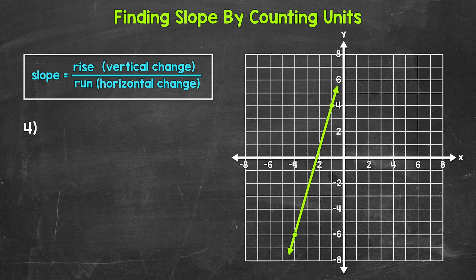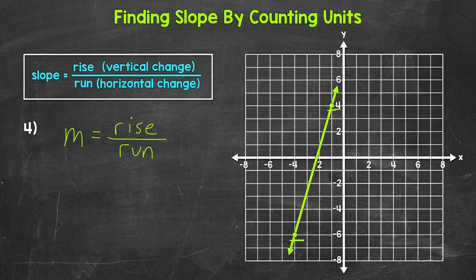Taking a look at number 4, we have a line with a positive slope. It's moving upward as it's moving from left to right. Let's find the slope. So slope equals rise over run. So let's find the rise and the run here. We'll use the 2 points we are given, this point right here and this point right here.